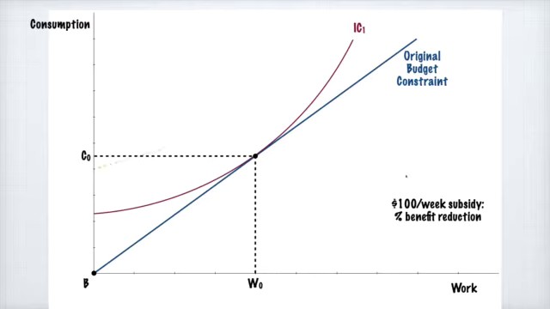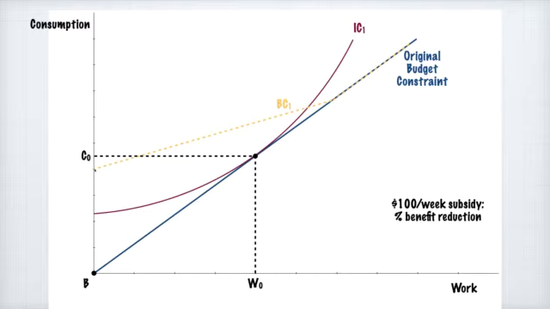If they get a subsidy, the budget constraint will look like this when there's a percentage reduction in benefits somewhere between 0 and 100%. So the level of the subsidy is the difference between B and where the budget constraint intersects the y-axis. So this vertical distance here is the amount of the subsidy. And now we're subtracting a portion, 50%, 40%, 60%.